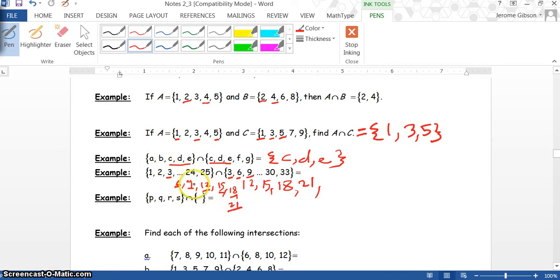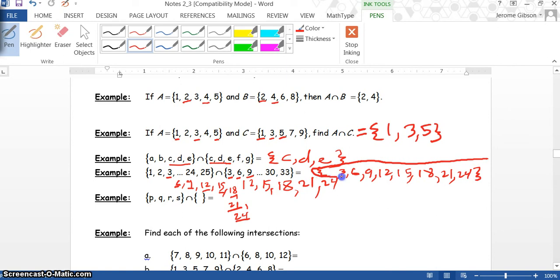So we will have 3, 6, 9, 12, 15, 18, and 21 all in common. Well, actually, we will also have 24. And this would be all in common. So our answer here would be 3, 6, 9, 12, 15, 18, 21, and also 24. So this right here would be the final answer.